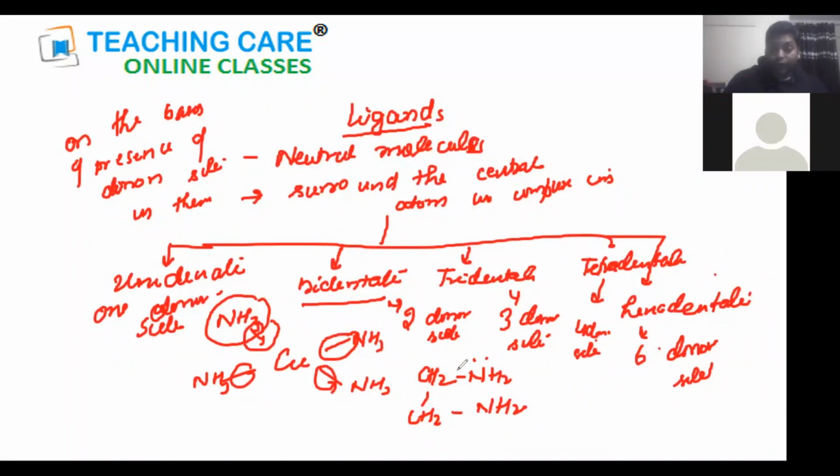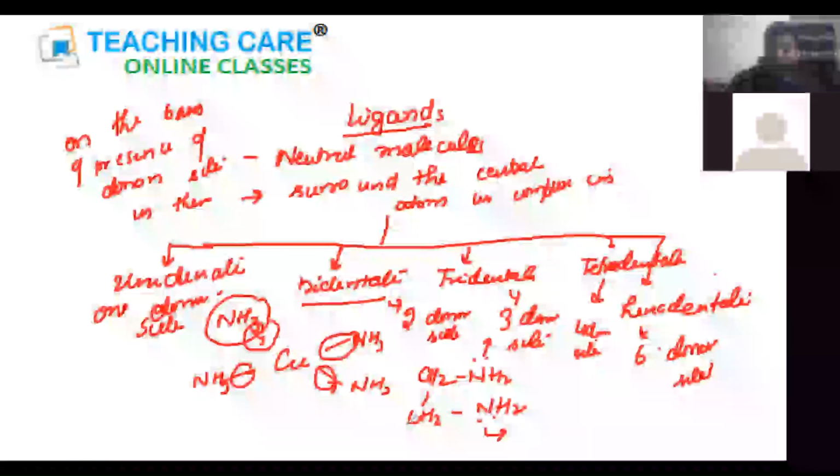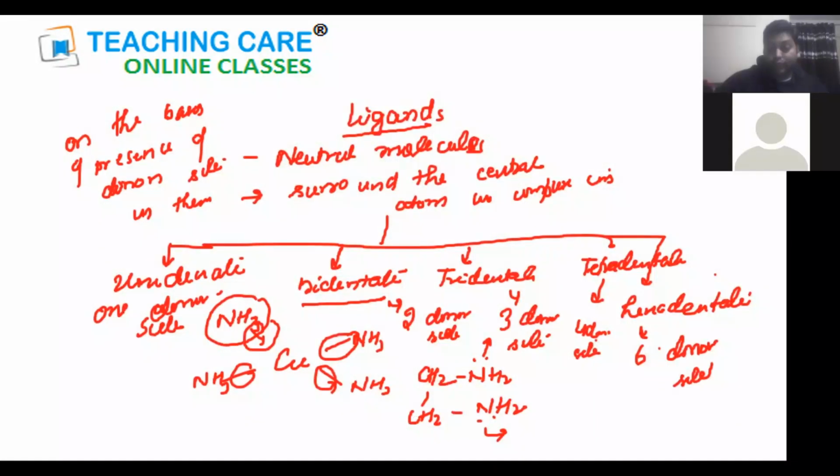It is because from one this is an extra electron pair, and this is an extra electron pair, so they have 2 donor sites. So this is known as bidentate. Clear? Yes, sir. Ethylenediamine has 2 donor sites, so it is bidentate.